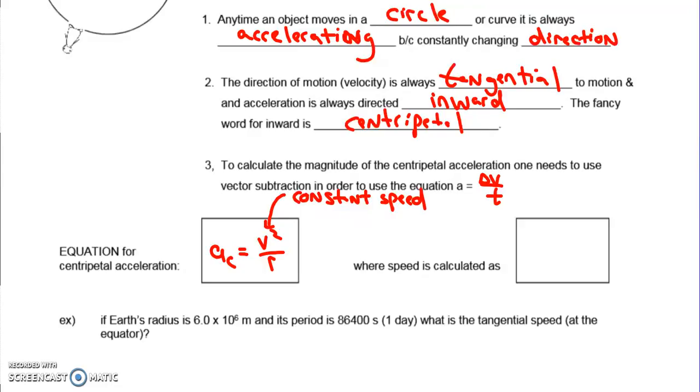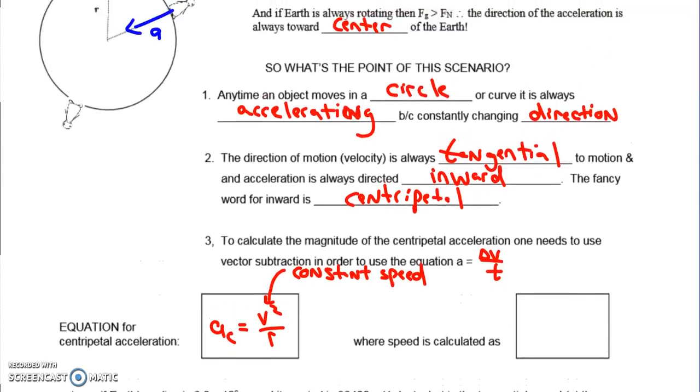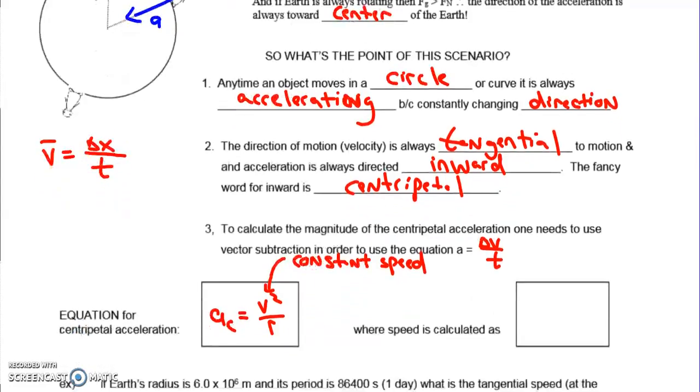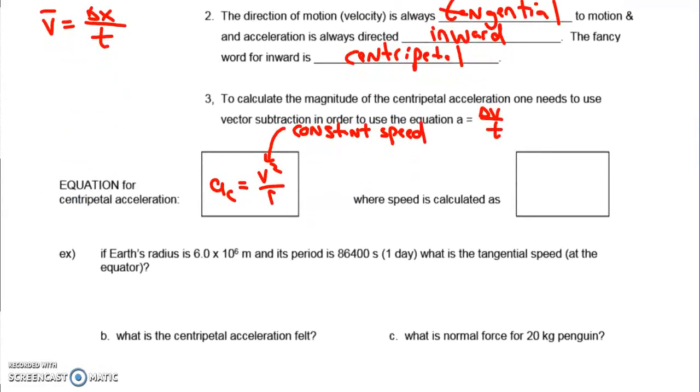When you think about how one would calculate speed, the definition of average velocity is the displacement over time, the change in position over time. So if you think about the penguin spinning around the Earth, its distance traveled is the circumference.